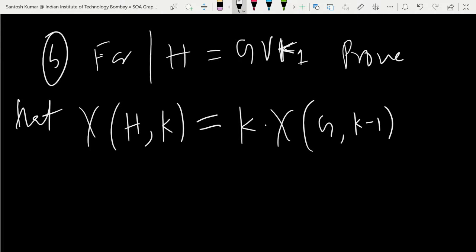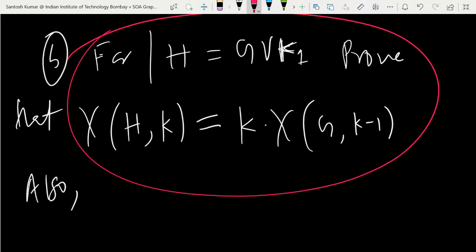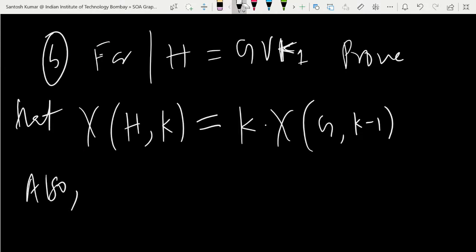So let us think about this graph. This question also has one more part: they want you to find the chromatic polynomial for C4 join K1. So this is the general result, and we have been given a particular result.